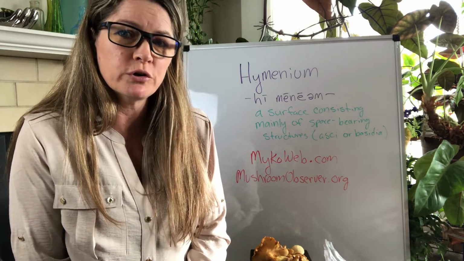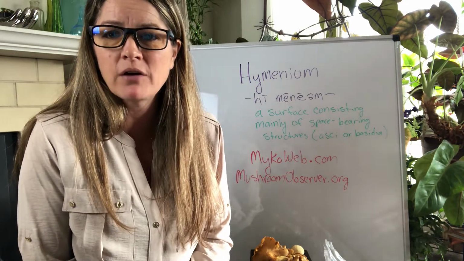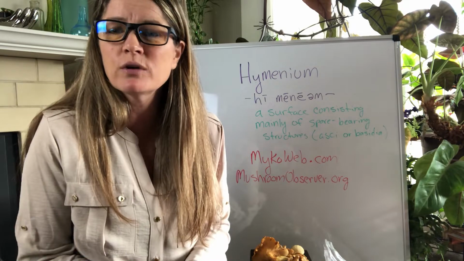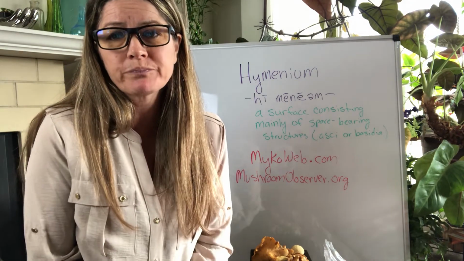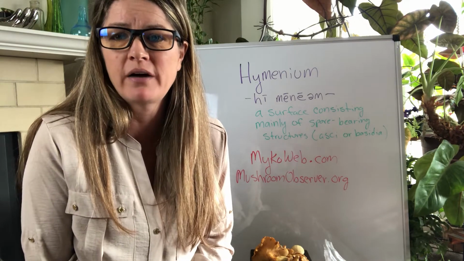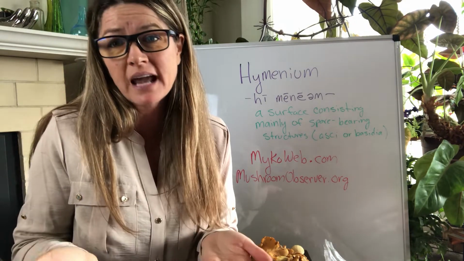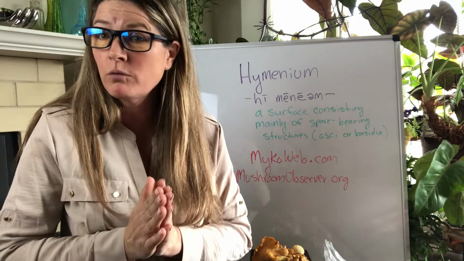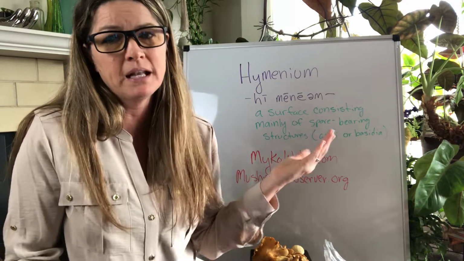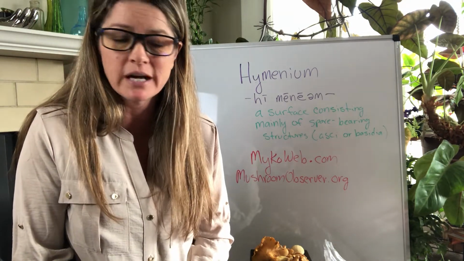So I'm going to show you different species of fungi today, and we're going to talk about the hymenium and how you can look at this part of a mushroom and be able to identify a chanterelle. Of course, there's a lot more to identification in mushrooms than just looking at the hymenium. But today's word is hymenium, so we're just going to talk about the spore-bearing structures on these fungi.